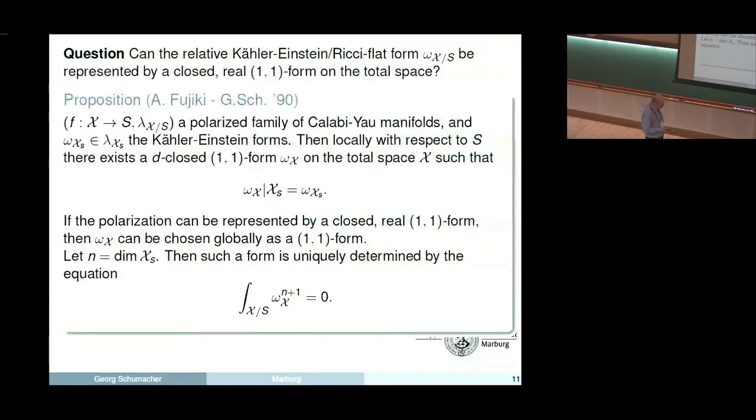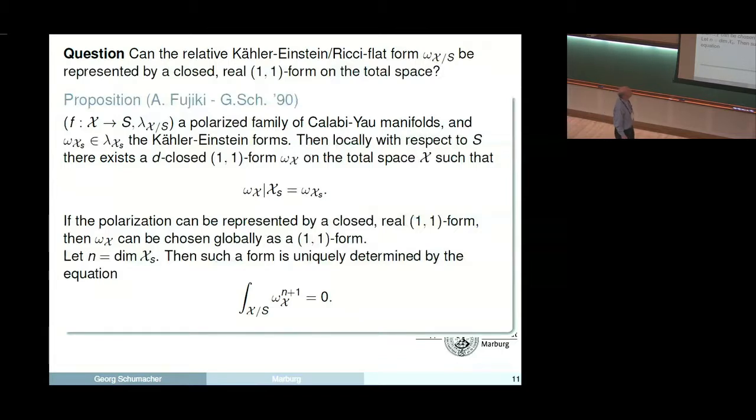Namely, locally with respect to the base, one can always produce such a thing. And so one can even make this form Kähler by adding a pullback of a Kähler form on the base, where the base is a local object at this point.